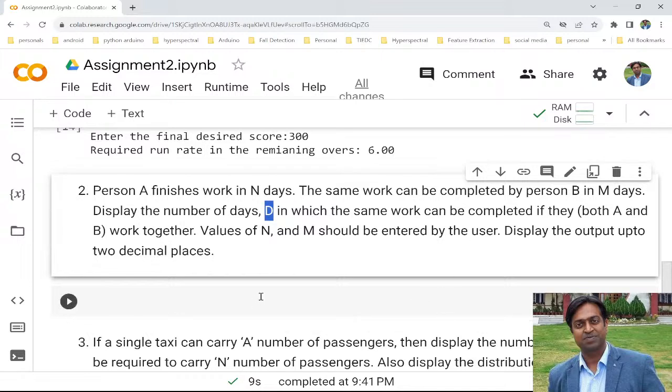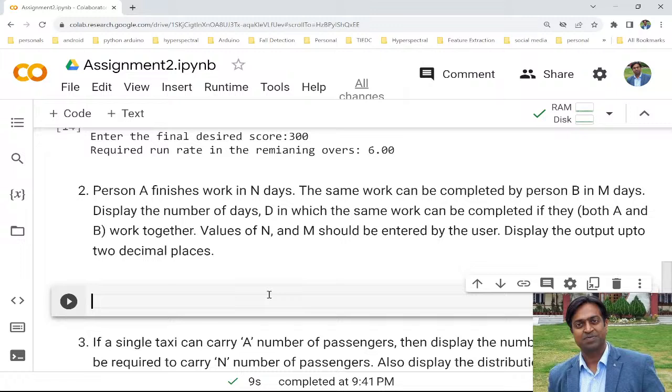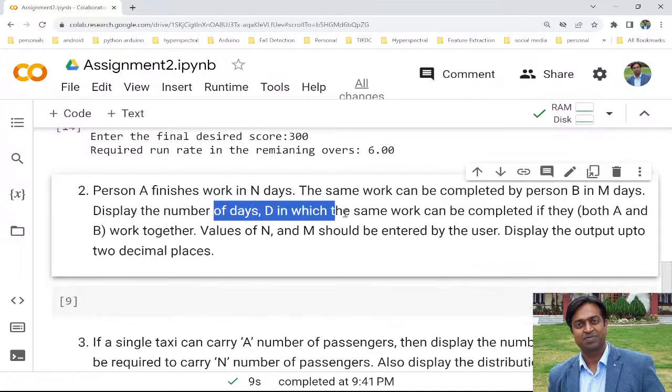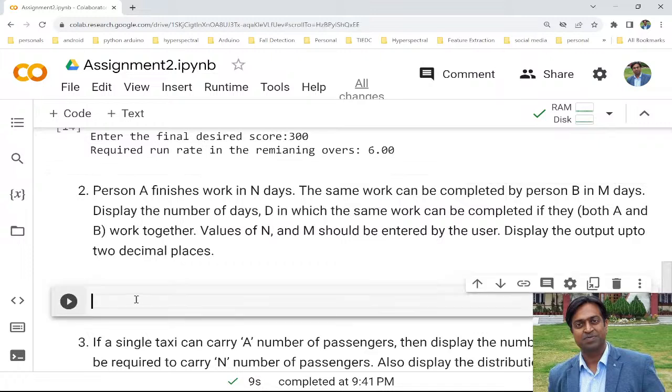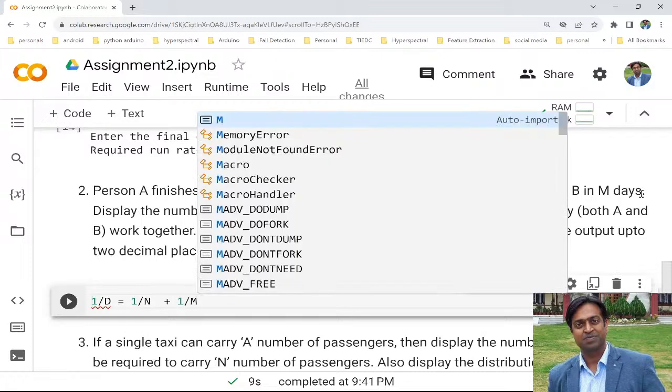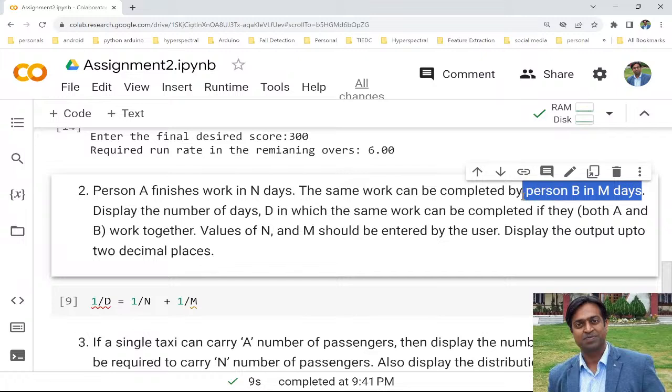Now if you remember your school days, there is a formula to get the number of days required. If both A and B work together, then 1 divided by D is equal to 1 divided by the number of days required by person A plus 1 divided by the number of days required by person B to complete the work.